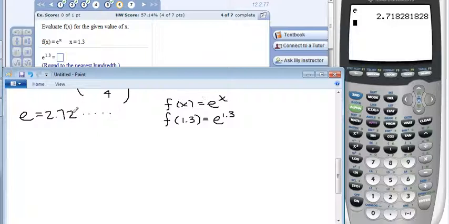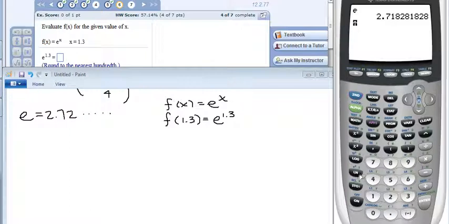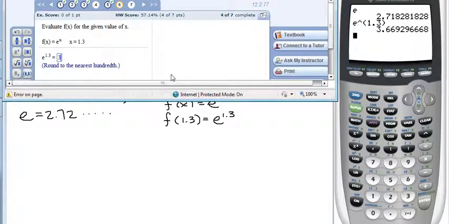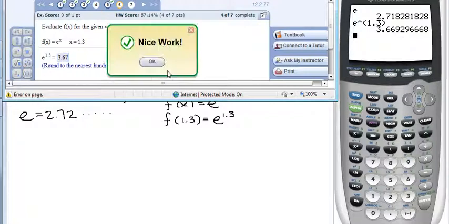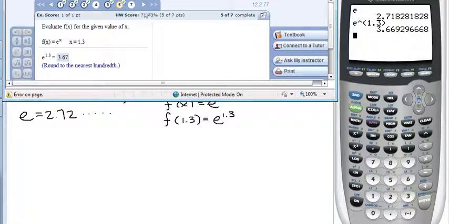And I never want you to put the 2.72 in there. I want you to use your e key. We want to raise e to the 1.3 power. That's 3.67. So it'd be like raising pi to some number.